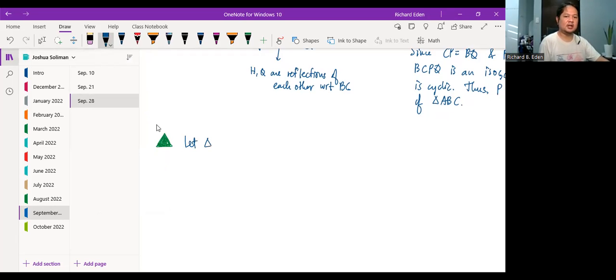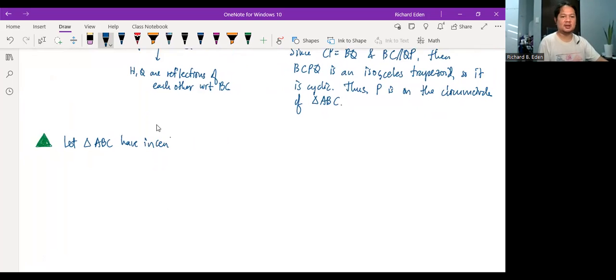So let triangle ABC have incenter I. Well, it's a standard notation naman talaga.